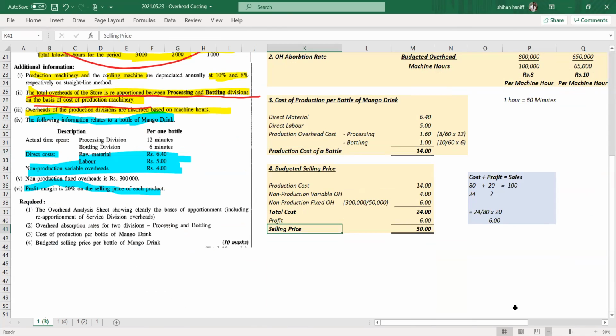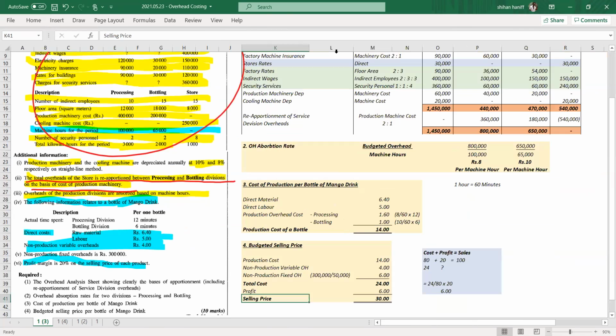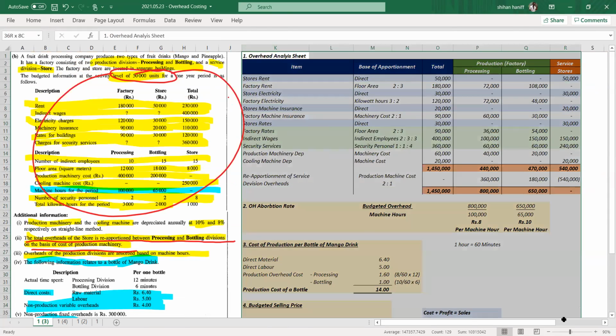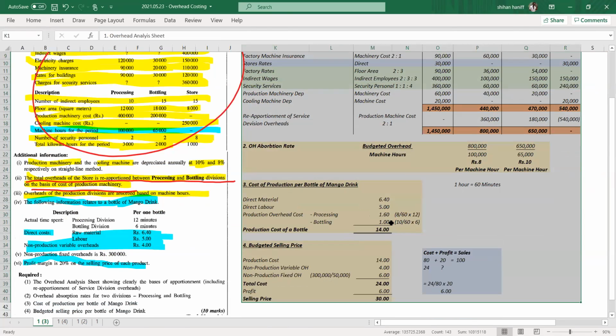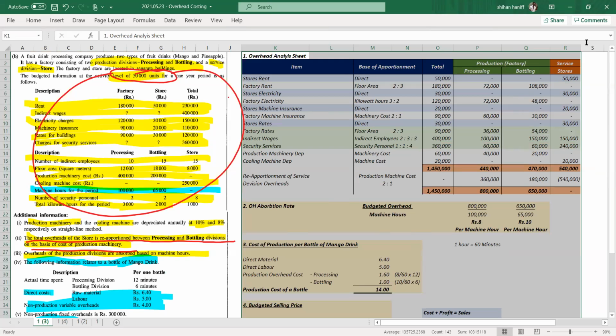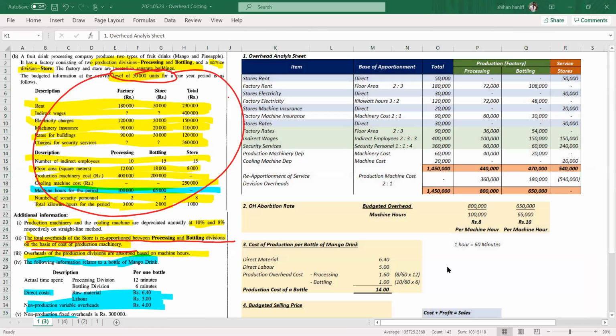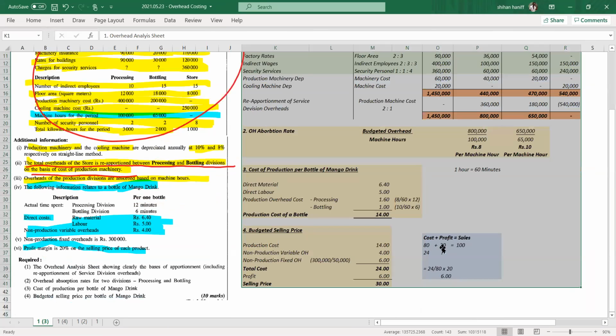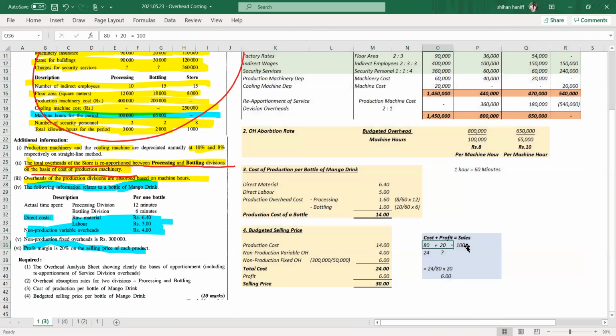So this covers the complete area on production overheads. 80 and 20 come because if the sales is 100, profit is 20, so the difference is 80, because cost plus profit is sales.